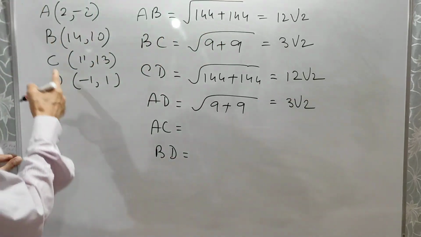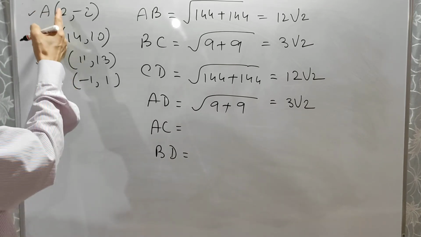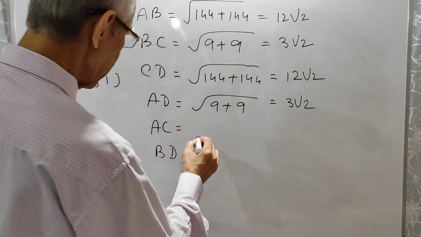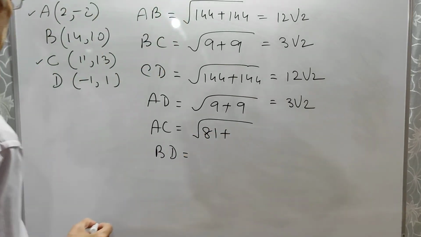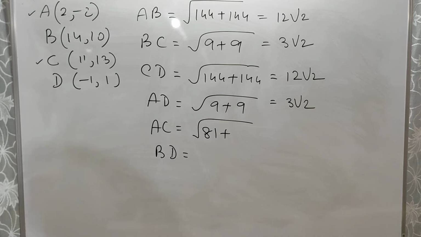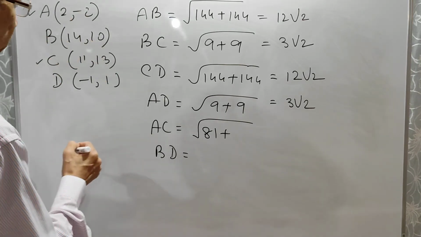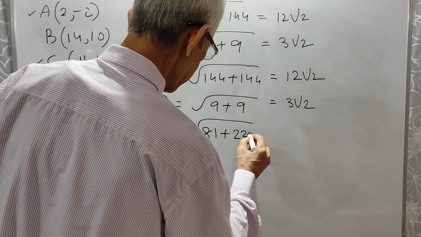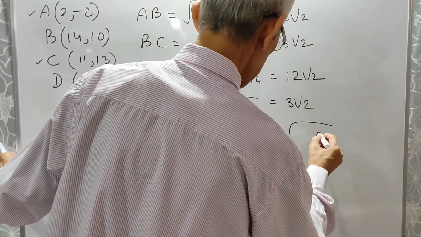Then AC, this A and C. AC will be 11 minus 2, 9. 9 square, 81, plus 13 plus 2, 15. 15 square, 225. So that is equal to, what do you get?